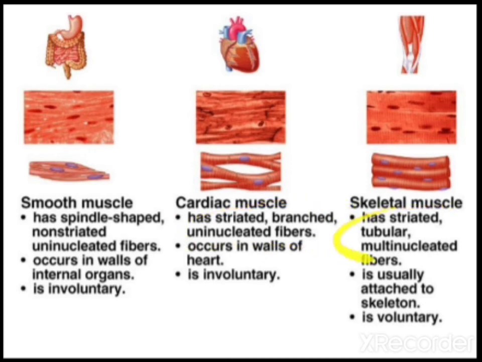Skeletal muscle fibers are striated, tubular and multinucleated. Smooth muscle occurs in the walls of internal organs. Cardiac muscle occurs in the walls of the heart. Skeletal muscle is usually attached with the skeleton. Smooth muscle shows involuntary movement, and cardiac muscle also shows involuntary movement. Skeletal muscle is voluntary, meaning it is under your control. These two are not under your control.